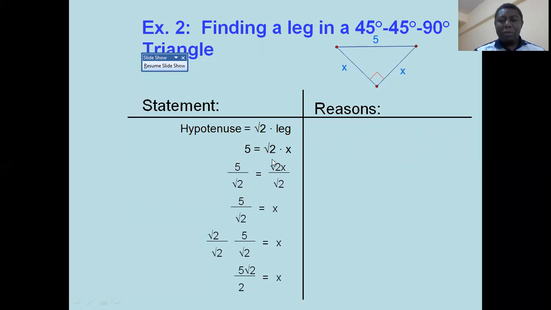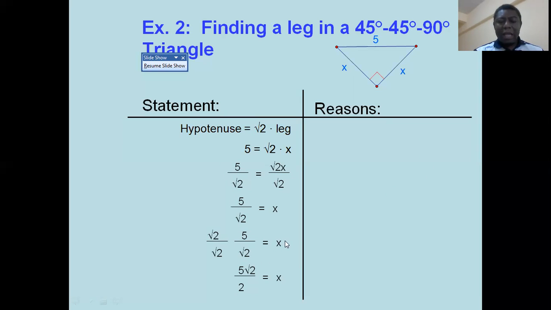The square root of 2 divided by the square root of 2 is 1, since anything divided by itself is 1. So x will be left here all by itself, and 5 over the square root of 2.